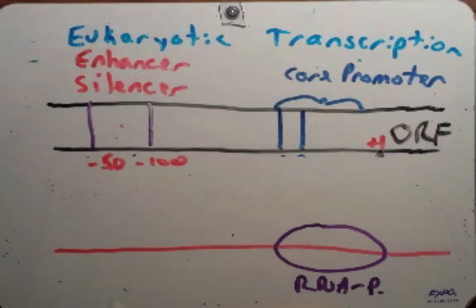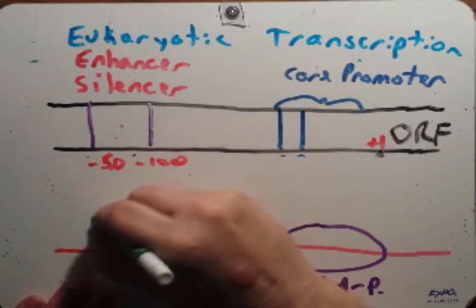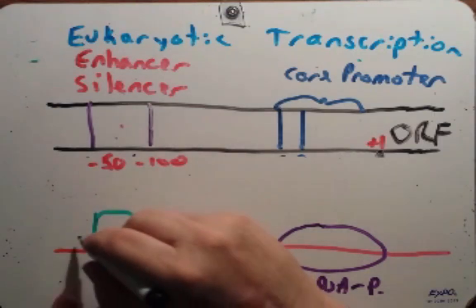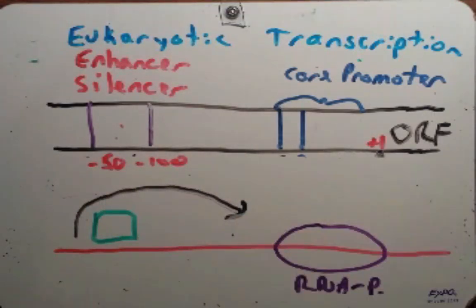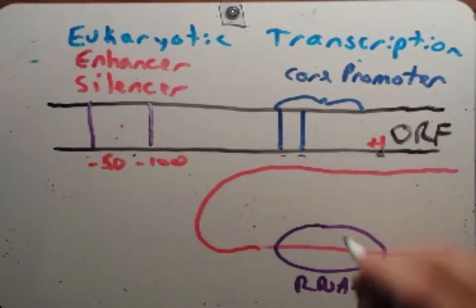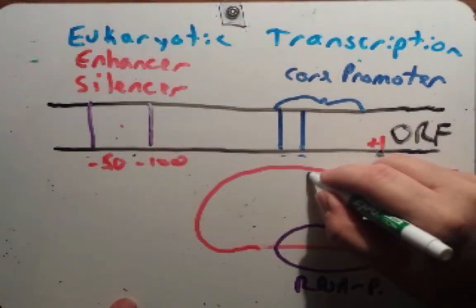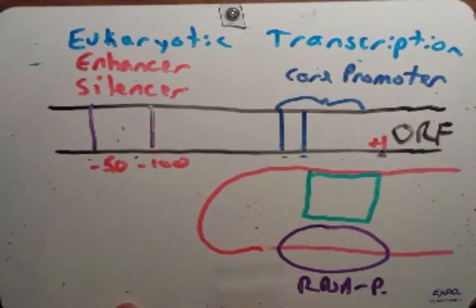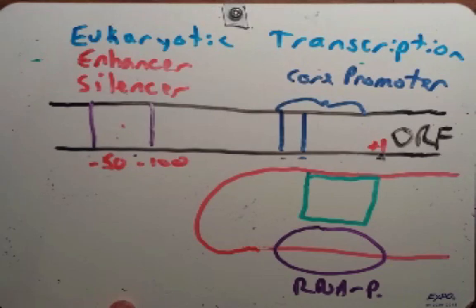Well, when an enhancer binds here, it causes a structural change of the chromosome, and the whole chromosome will flip around. And by the magic of time-lapse photography, quickly close your eyes and you'll see what happens. The chromosome flips over like that, and now the enhancer, or it could have been the silencer, but in this case we're talking about enhancer, that was bound 100 base pairs away, now is right next to it.